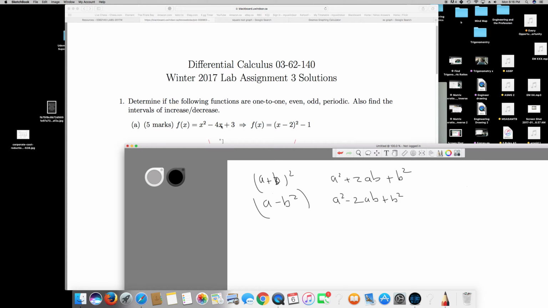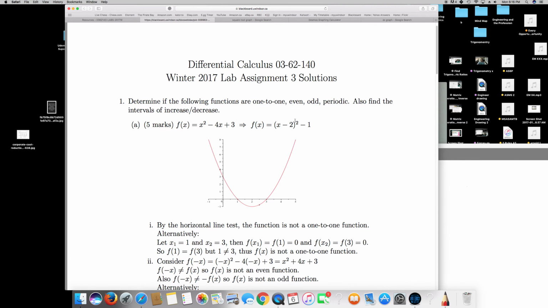So let's say x square minus 4x plus 4 minus 1. In this case I have this pattern right here. So it's going to be x minus 2 square, and if you expand this, you will get this answer, minus 1. So this is the formula right here.